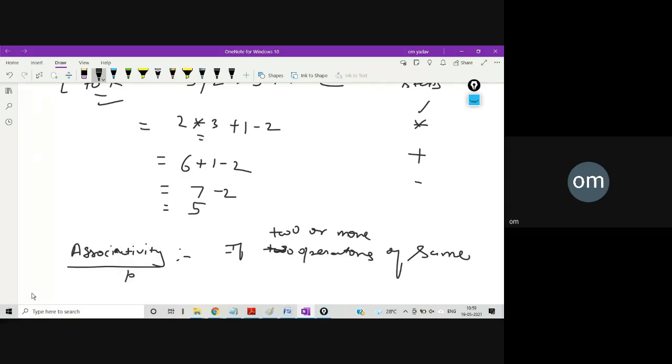It's from left to right. Right to left, we have the associativity, and that is for a few operators. We'll be seeing that. Once I finish this, then in one table, I'll try to show you all the operators along with their associativity. And you will have to remember also, because you will have to solve that.